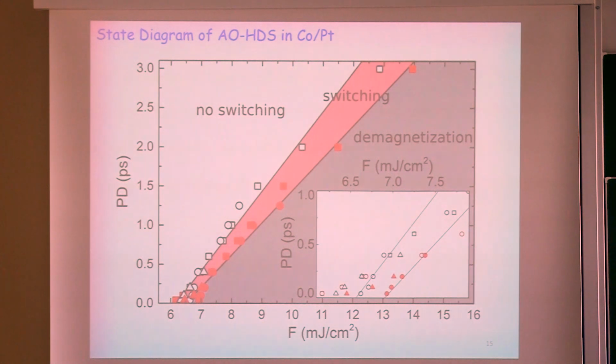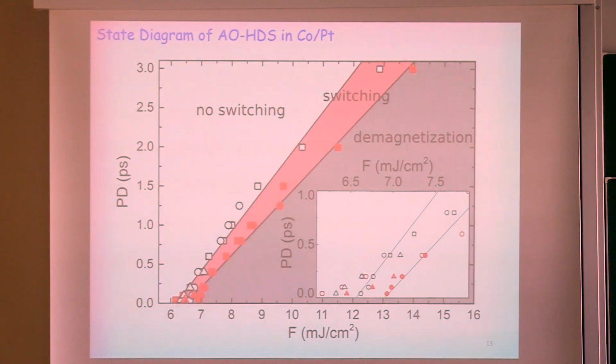Of course, if you have a very low fluence and a large pulse duration, there's no effect, no switching. If you have a very large fluence and the pulse duration is short, then you have demagnetization here. And then there's this area where we do see this all-optical helicity-dependent switching. And this is the curve that we obtain.